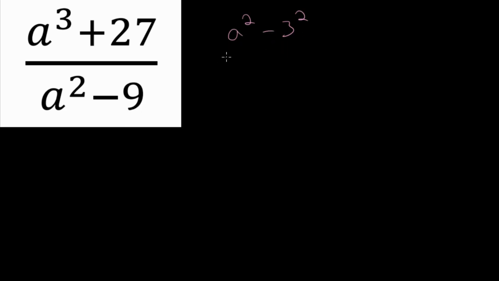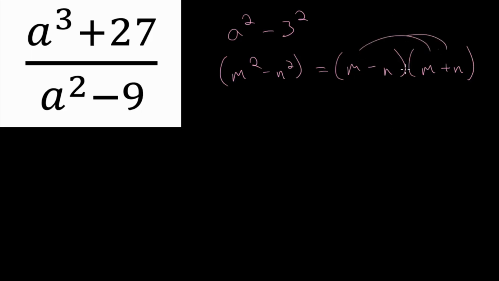And in general, let's say we have m squared minus n squared. To factor an expression like this, we can factor this into the first one minus the second one, ignoring the squares now, multiplied by the first one plus the second one. And of course, you can check this by redistributing and showing that essentially the middle terms cancel out and you end up with this difference of two squares.